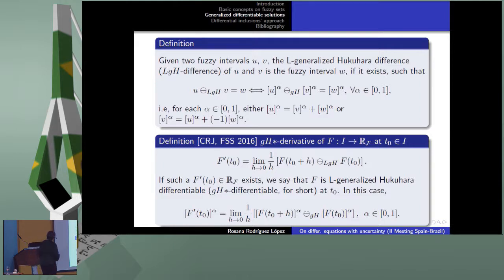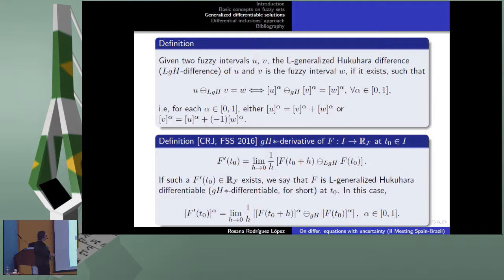Another definition of generalized difference could be a level-wise generalized difference, which is you use the GH difference on each level, but for each level fixed, and you don't worry about if all the level differences give way to a fuzzy set under the restriction set.